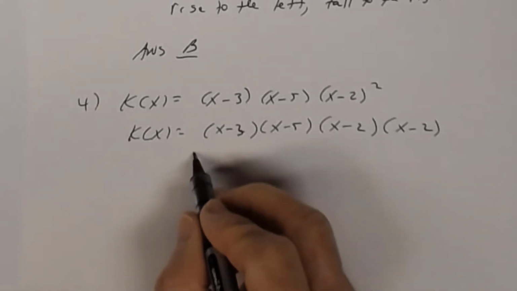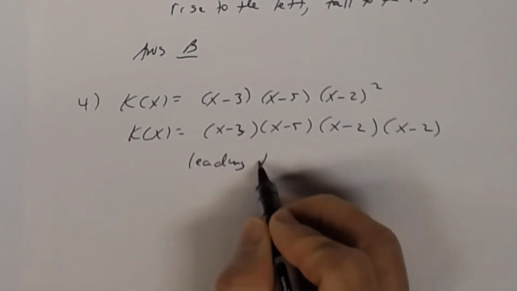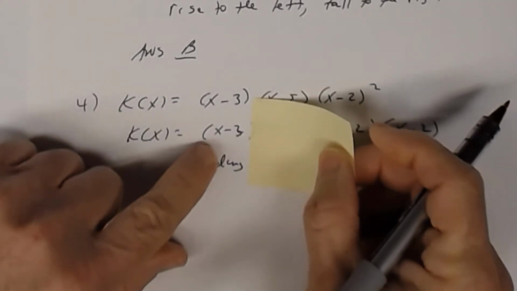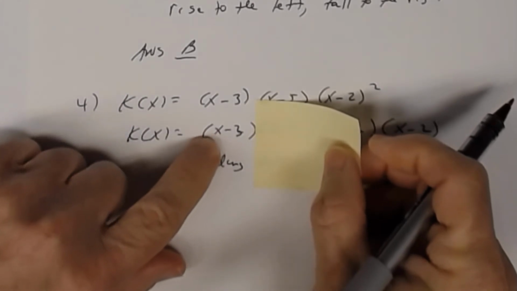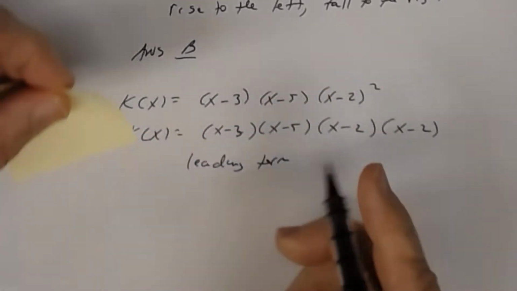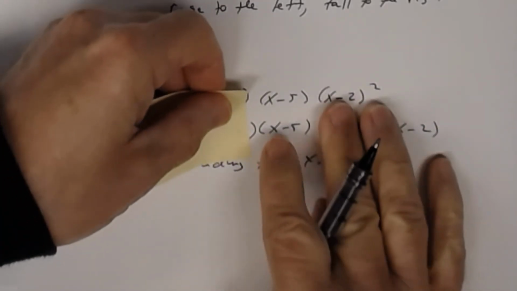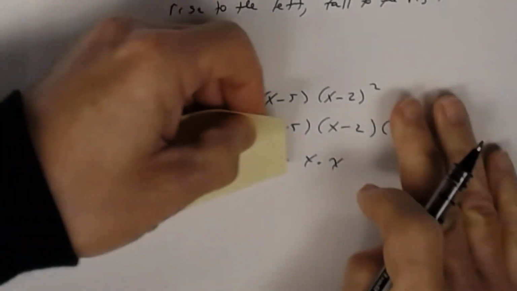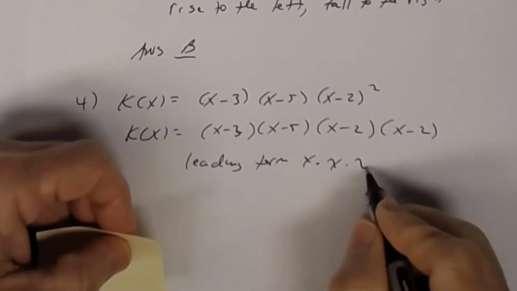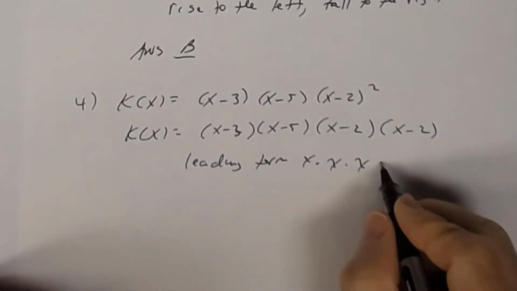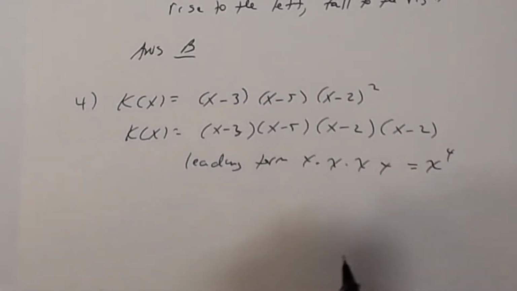Okay? And so the leading term, you take the leading term of each of those factors. The leading term here is x, here is x, here is x, and here is x. So the leading term is x to the fourth.